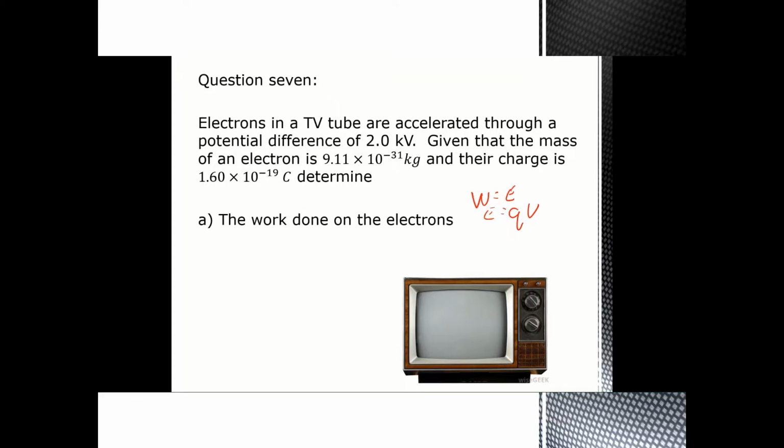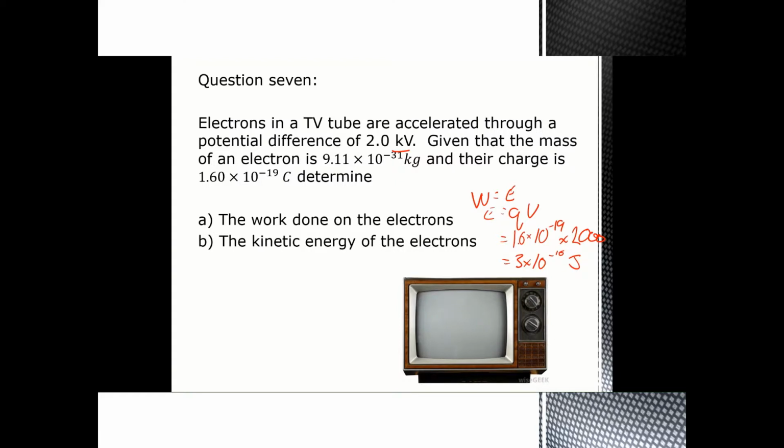So, to find out the amount of work done, we go 1.6 times 10 to the minus 19 times by 2 kilovolts. Kilo is 1,000, so it's 2,000. And we throw that into our calculator. 3 times 10 to the power of minus 16 joules.